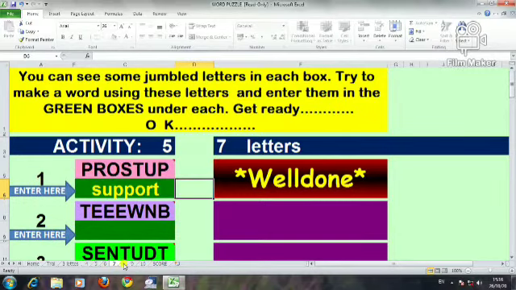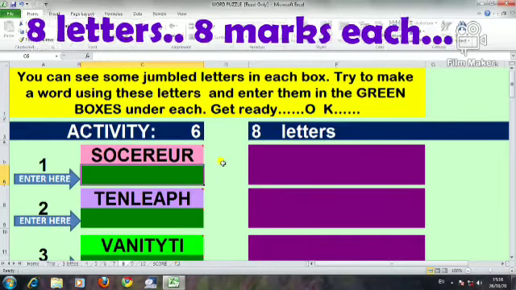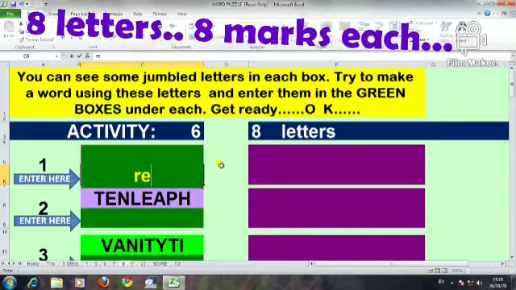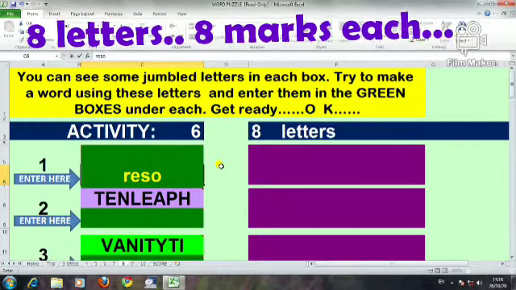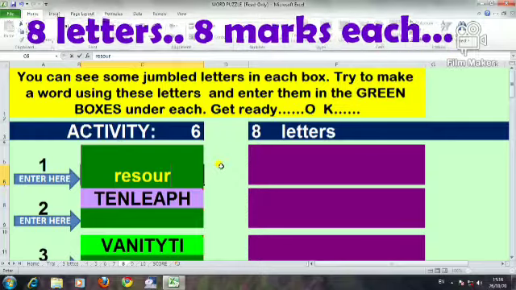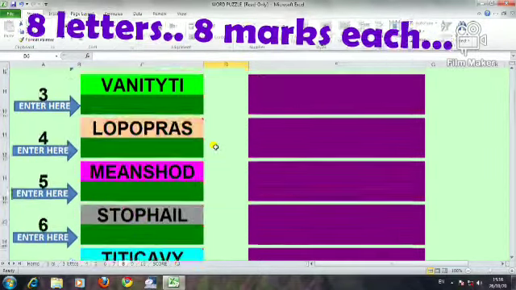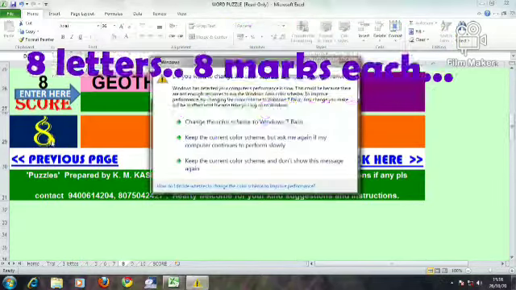Now let's go to activity number 6, that is 8 letters. Here the answer is resources. See, how many marks are we going to get? 8 marks.